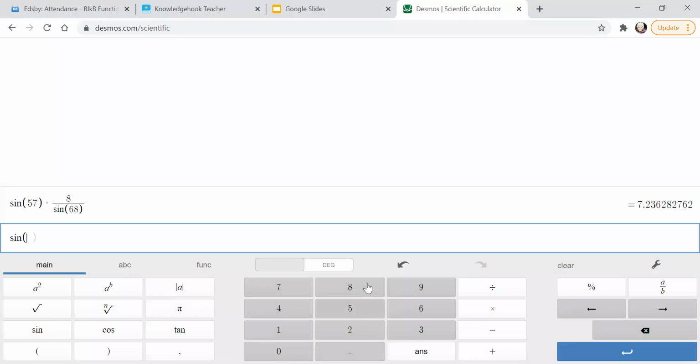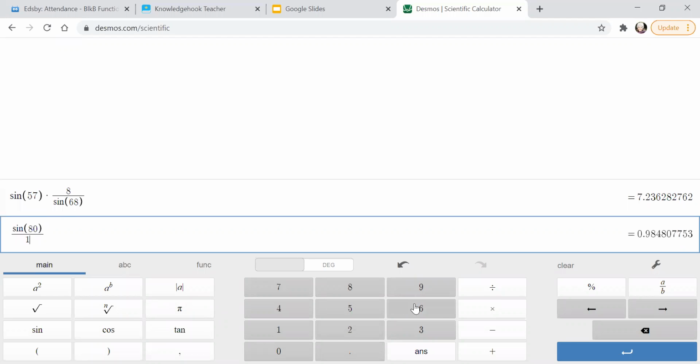I think I'm doing this in the right order. Is it divided by 18? Yes. Okay, awesome. Thank you, guys.